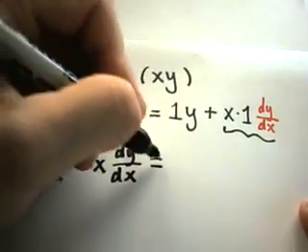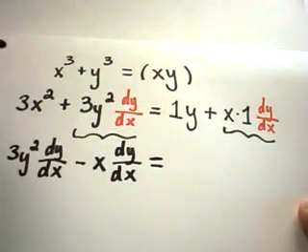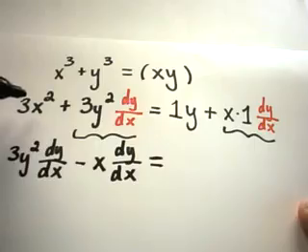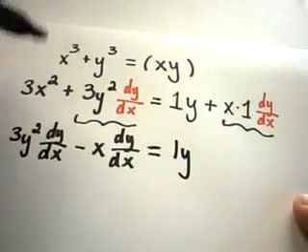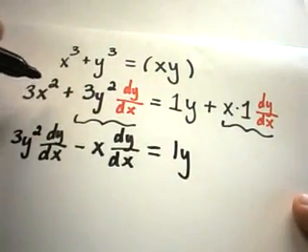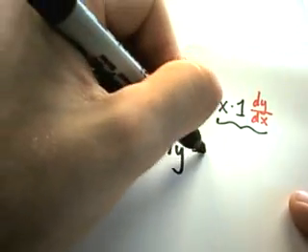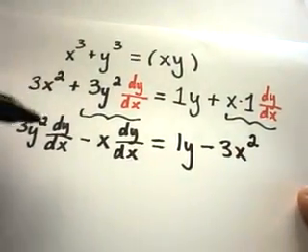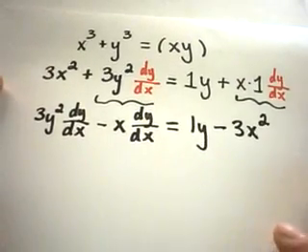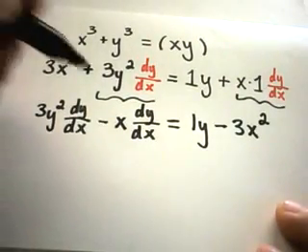On the right side, I'm just going to get everything that doesn't have a dy dx attached to it. So my 1y is still just hanging out there like it was before. And now I'm going to have to move the 3x squared term over to the right by subtracting it. So minus 3x squared.